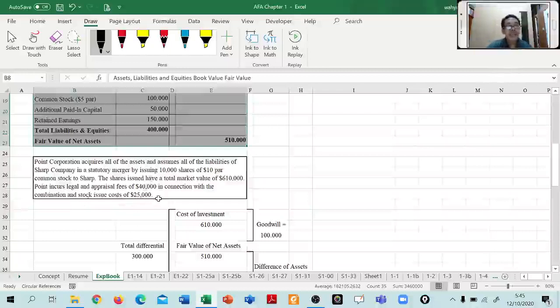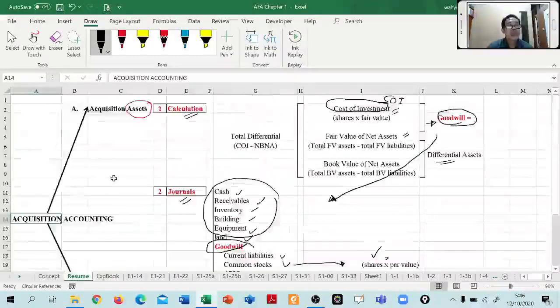Okay, don't forget that this question is acquisition of asset, because this sentence says that Point Corporation acquires the assets. So in the resume of this diagram, for acquisition of asset, first we make a calculation and then the journal.